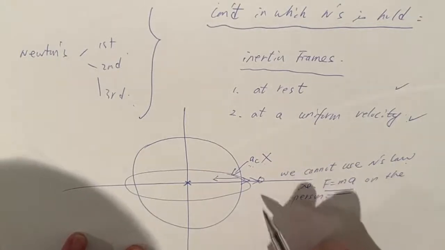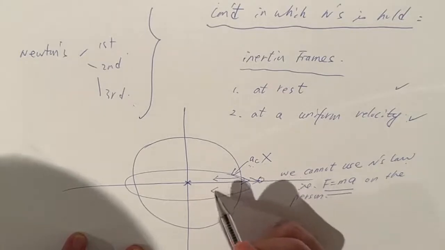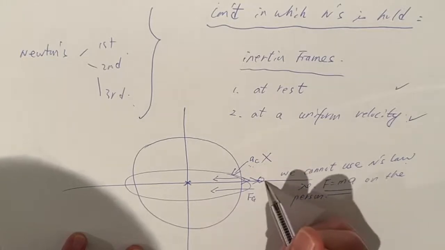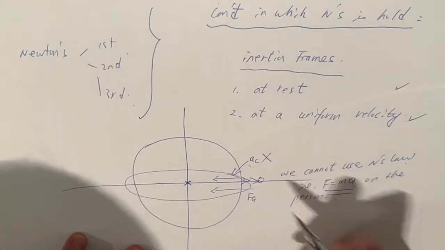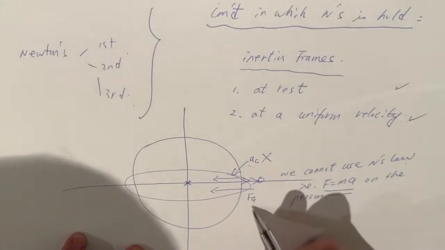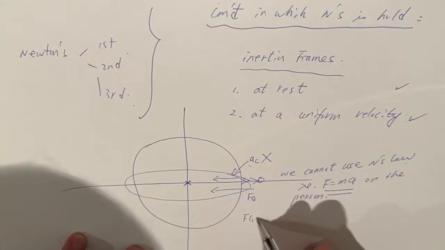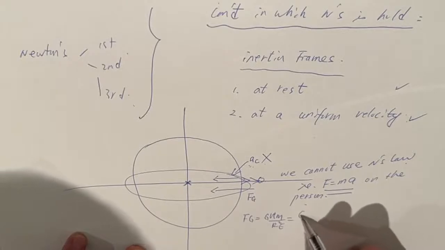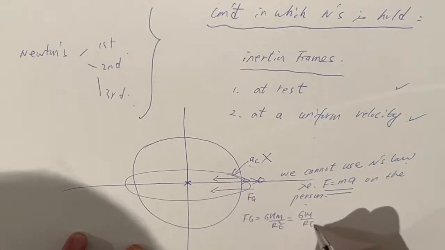Here, I draw the force diagram. There will be a force F_G acting on this person due to the gravitational force from the Earth, and we write the same thing, GMm over R_Earth squared, and we will get the same formula as before.